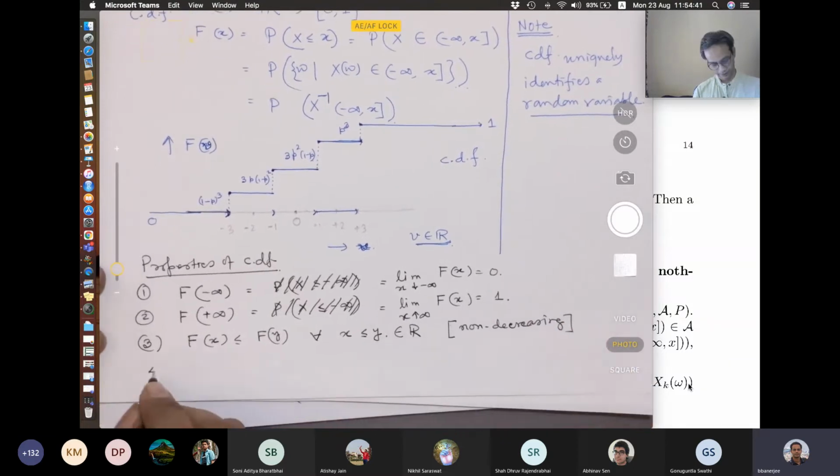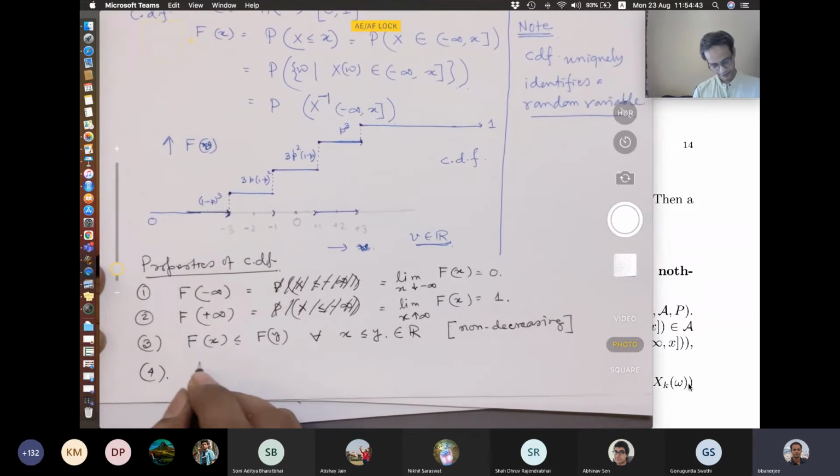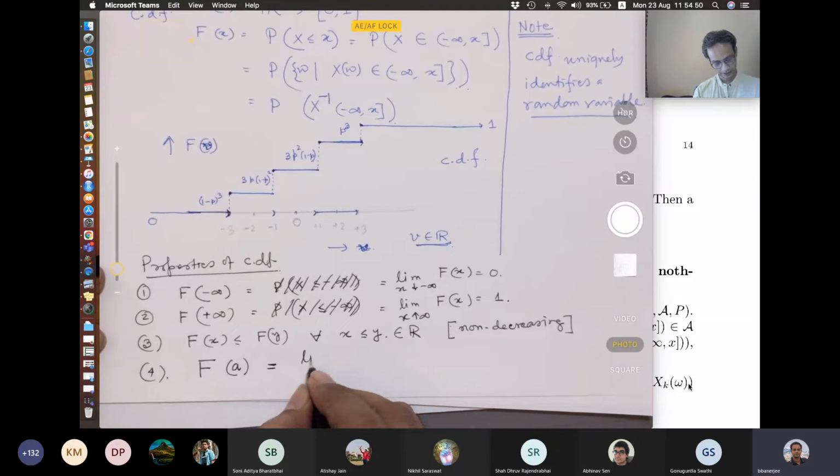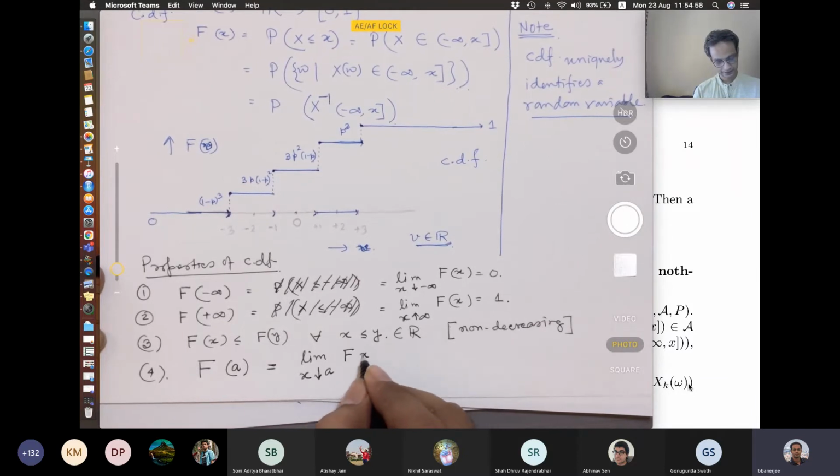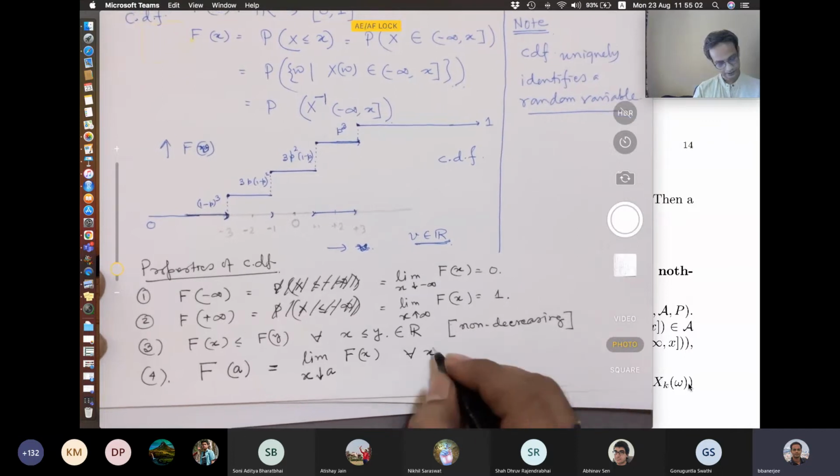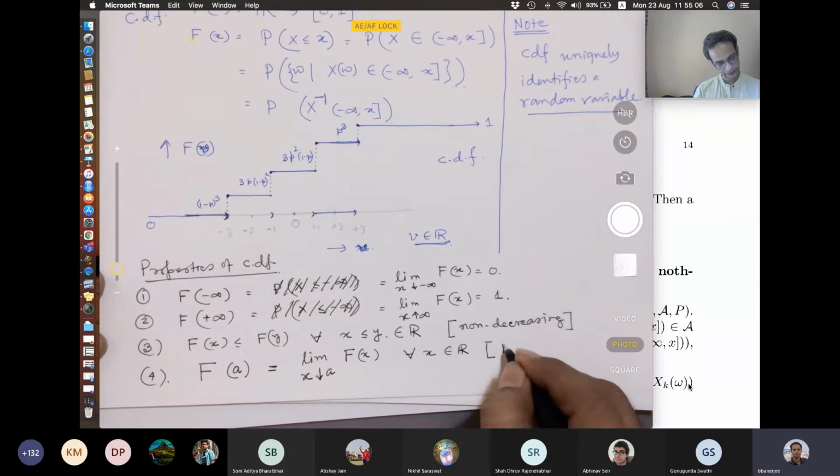And the fourth one is, remember, F(a), which is the limit as x comes from above to a, that means from the right side, of F(x). For all a, this limit exists, belongs to R, and that is known as right continuity.